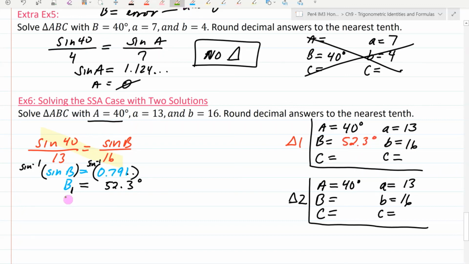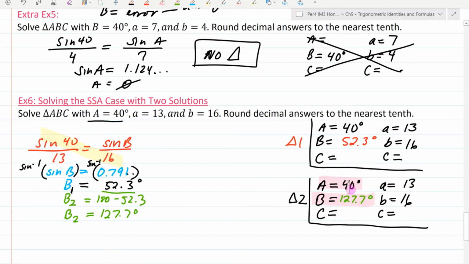For the second triangle, you're going to take 180 minus that number. So the second B value will be 127.7 degrees. And as long as these two numbers are not over 180, you will have a second triangle, which in this case is true.